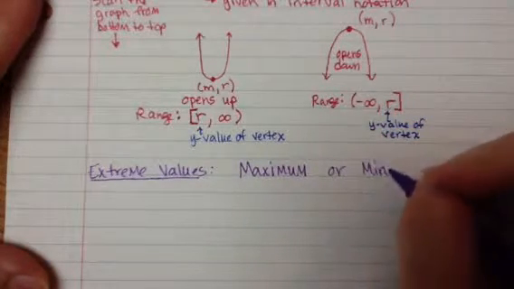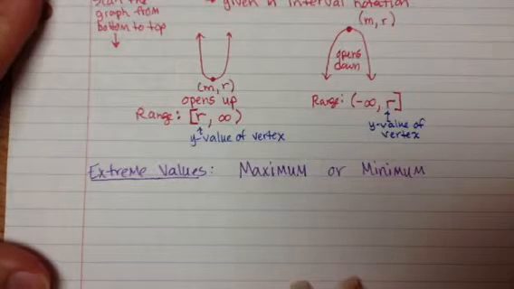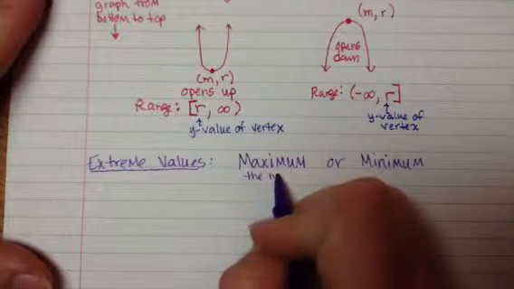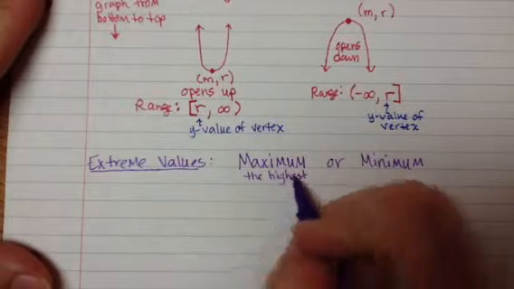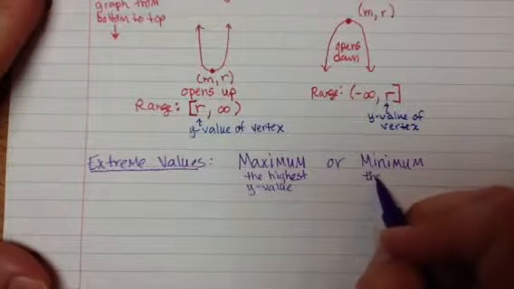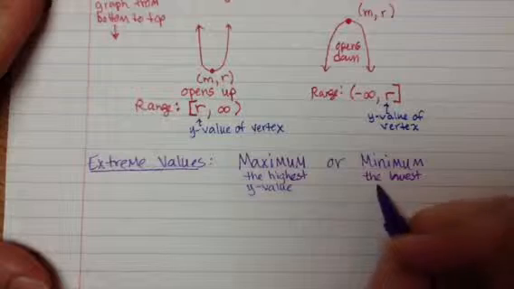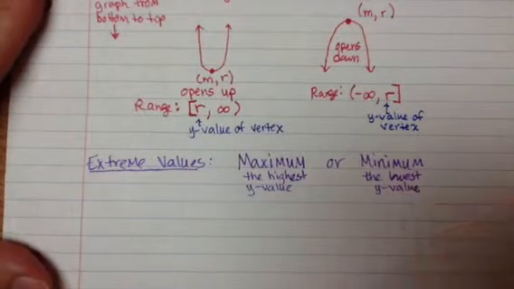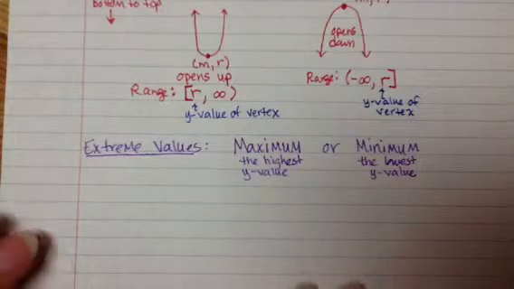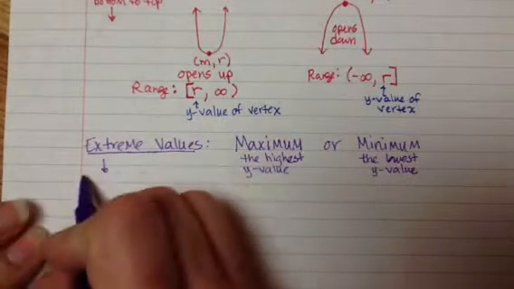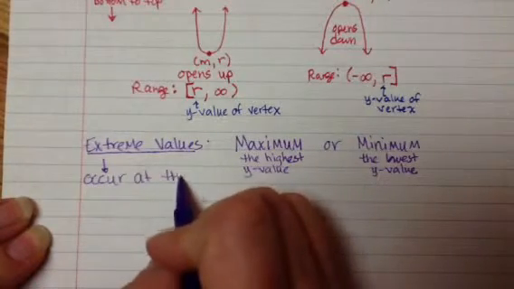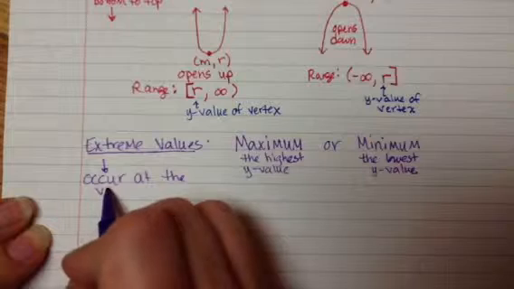The maximum is the highest y value, and the minimum is the lowest y value. Both of these extreme values occur at the vertex.